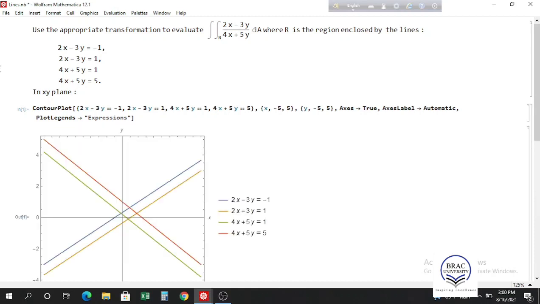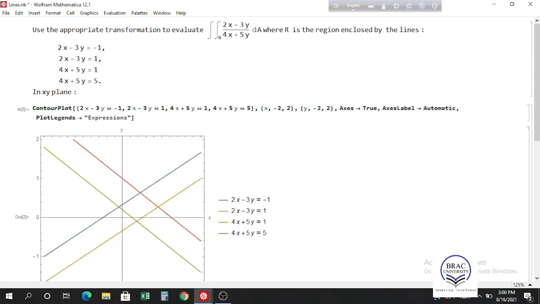So you can see the small region enclosed by the four lines. Well, let's take x from minus 2 to 2 and y from minus 2 to 2 as well. Then we will be able to see the region better. So you can see that this is the region.